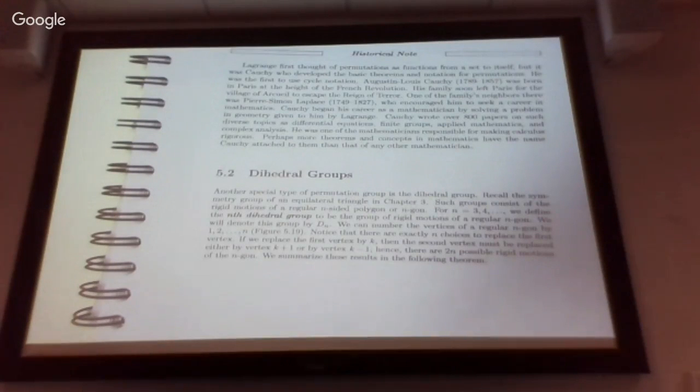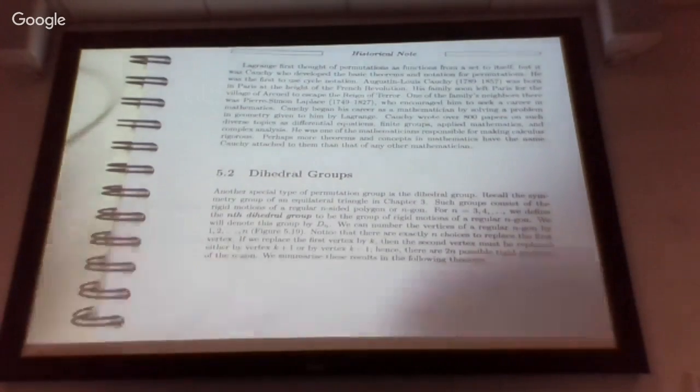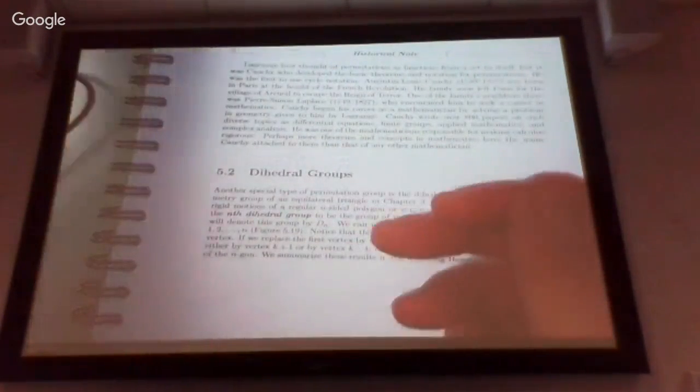He's presenting them here as examples of permutation groups, and they are. But you can also speak about dihedral groups without specifically mentioning their representations as permutation groups.